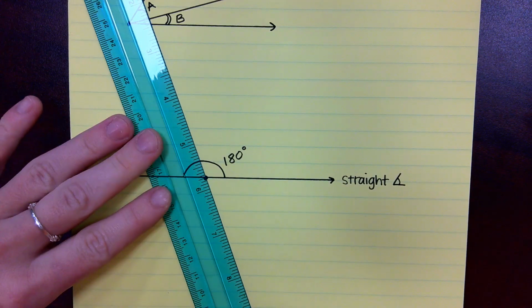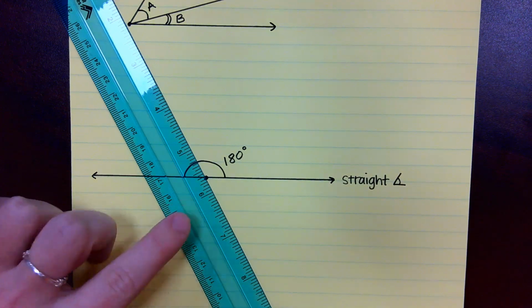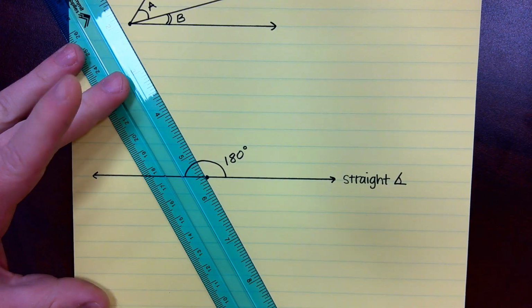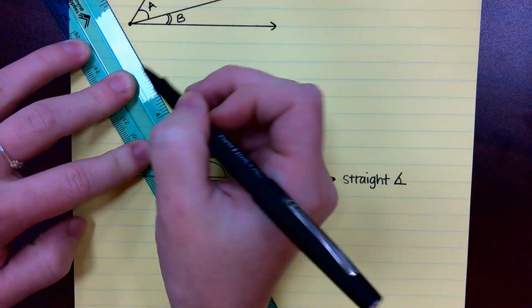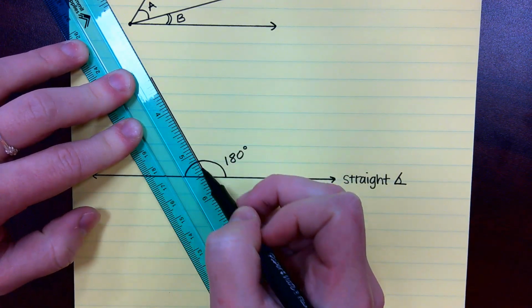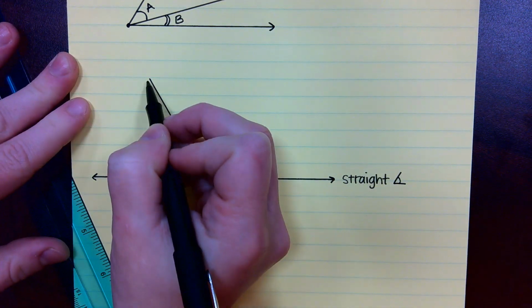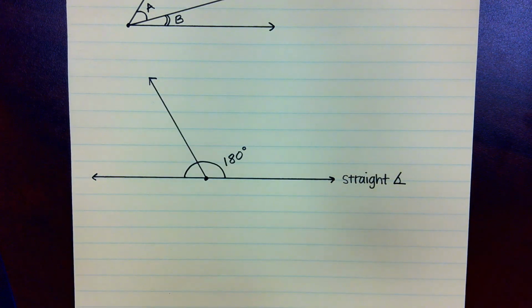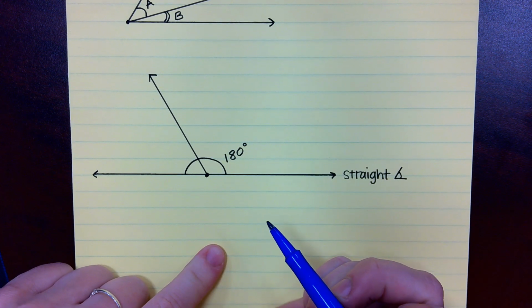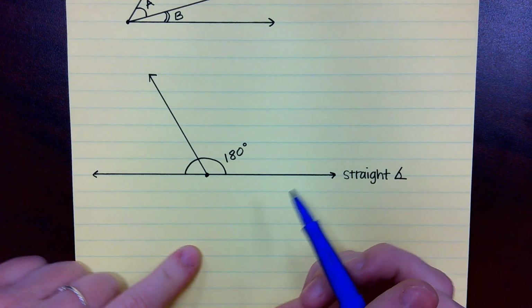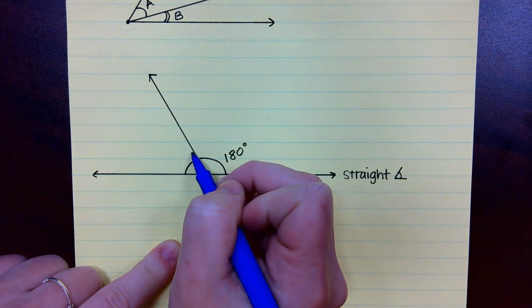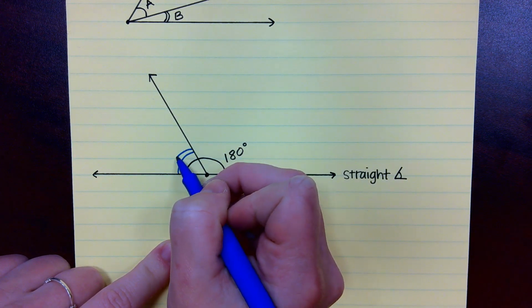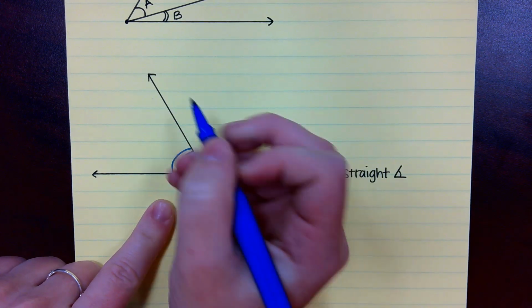And we are now going to put another ray somewhere inside of our straight angle so that we can make two adjacent angles within this. Just like that. Now I am going to put two arcs over here.